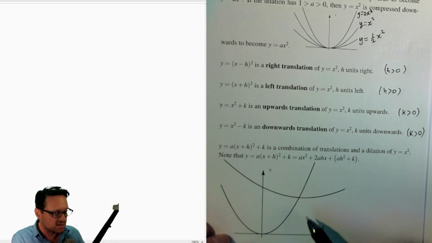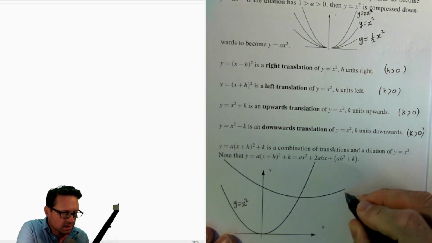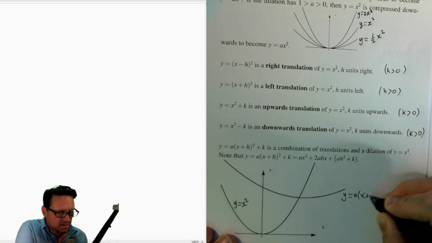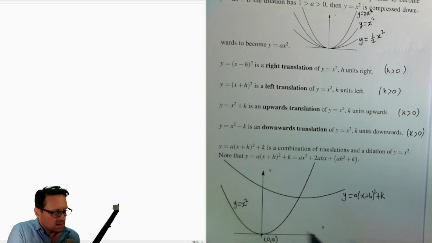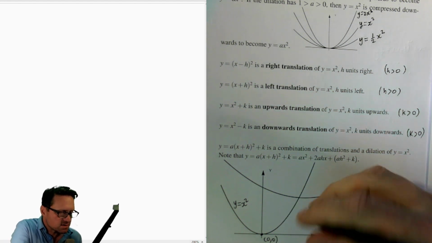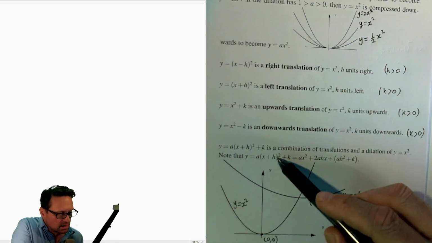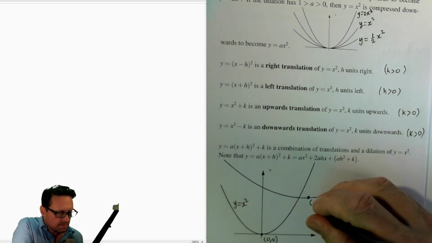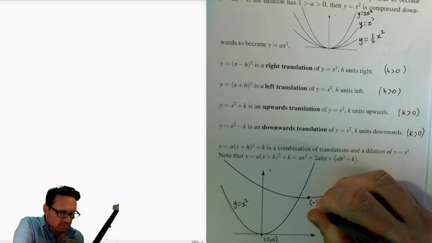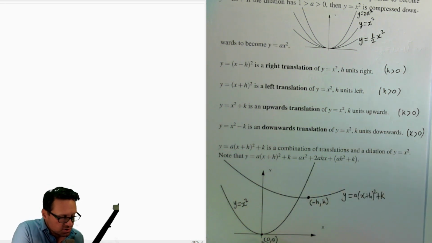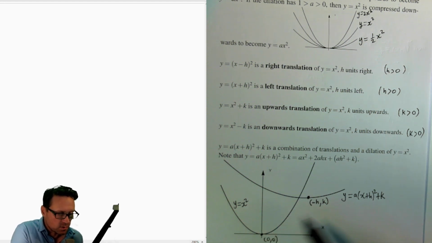Okay, so here in this picture I've got an example where this is the curve y equals x squared, and then over here we've got y equals a(x plus h) squared plus k, where the point (0, 0) moves up k units, so the minimum, if this is the minimum, moving up k units, and if we've gone to the right here, well then h is negative in this example to make it match with this. That would be the point (minus h, k). Okay, and so we're shifting from this origin to this point as we transform y equals x squared into this parabola.